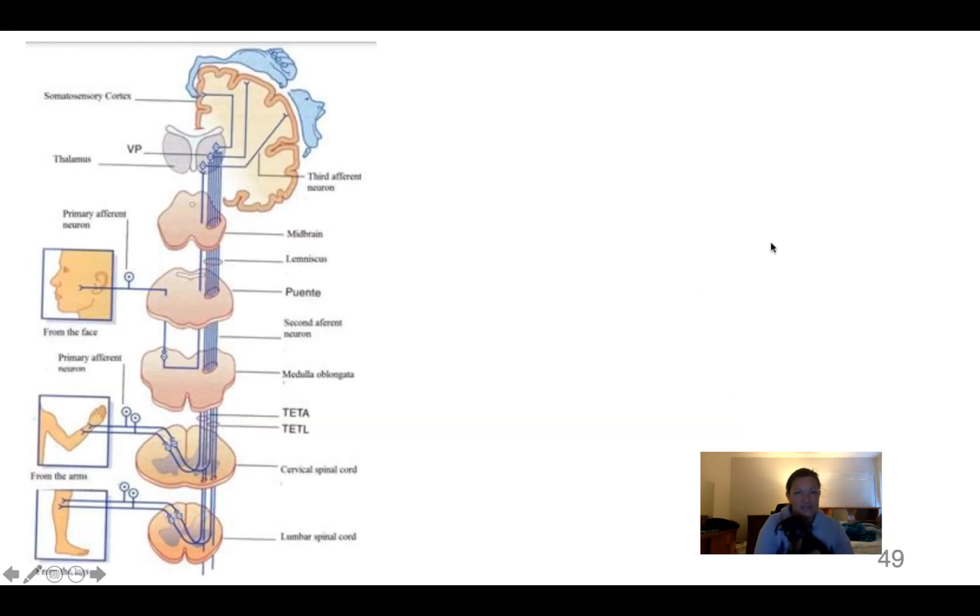Now, this is that additive schematic again, where nociceptive information from the leg enters the lumbar cord, crosses at the anterior white commissure, and ascends in the anterolateral spinal cord. Information from the arm is added at the cervical thoracic levels, and information from the face enters typically at the level of the pons.